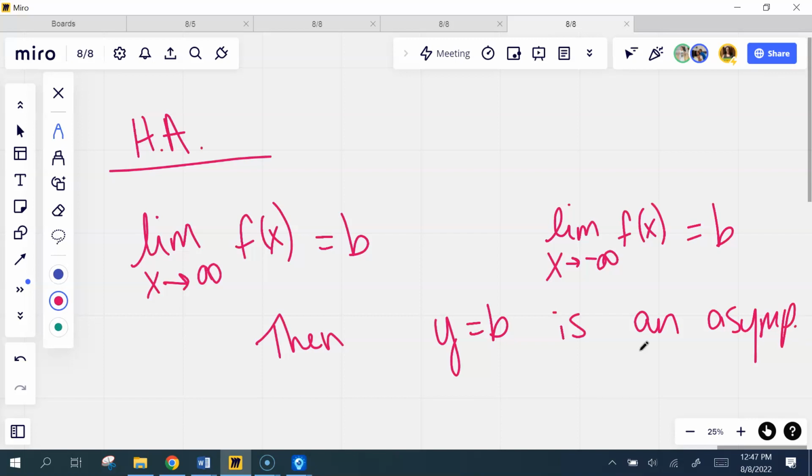If you keep looking, and as your graph goes as far to the left or the right as you can go, if it's getting closer to a number, some constant, then that constant is your horizontal asymptote.